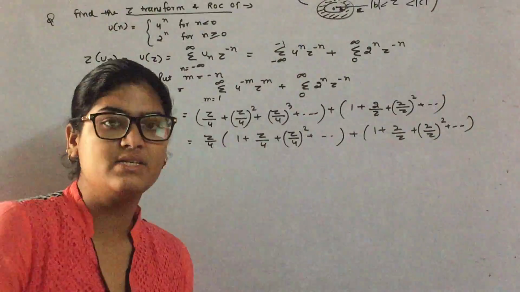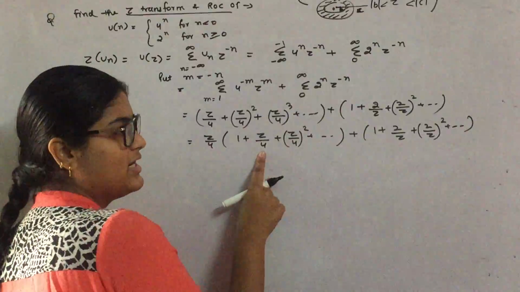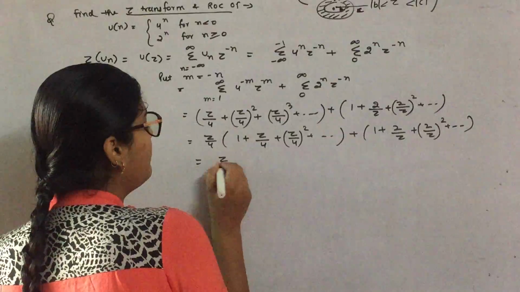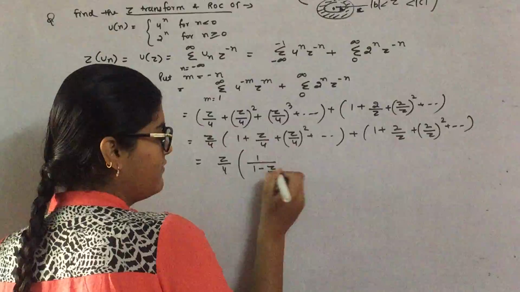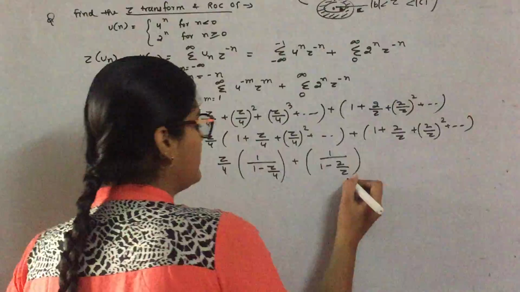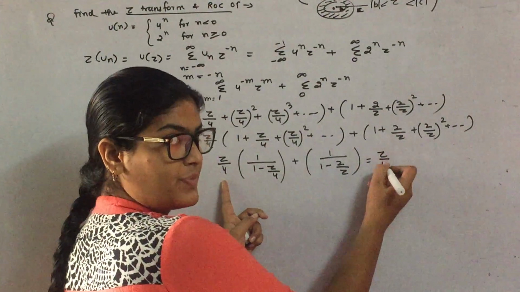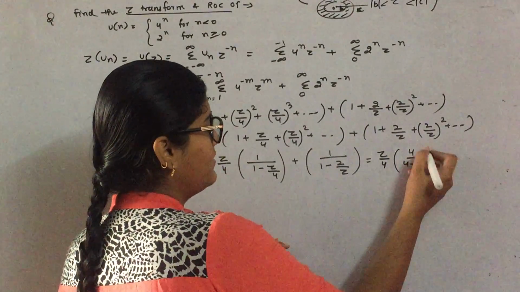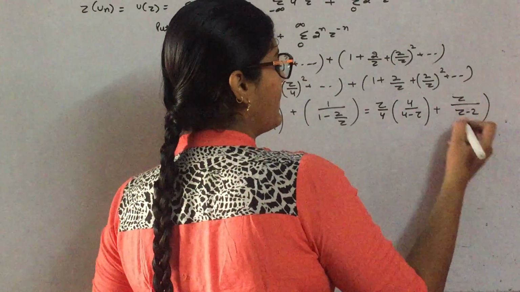Now you can see that these two are infinite series of a GP, where for the first the common ratio is z by 4, and for the second it is 2 by z. So what is the formula for an infinite GP? a upon 1 minus r. So it is z by 4 upon 1 minus z by 4, plus 1 upon 1 minus 2 by z. In this way, 4 comes in the numerator: z upon 4 minus z, plus z upon z minus 2.